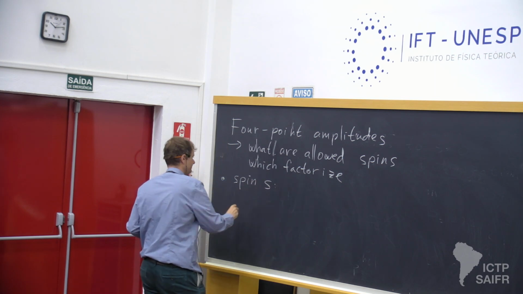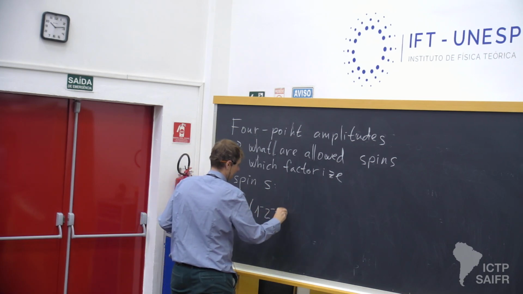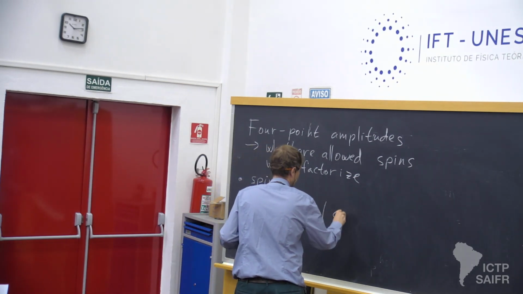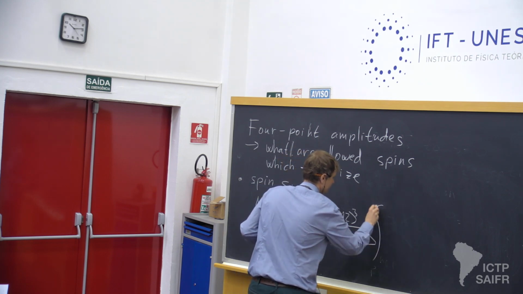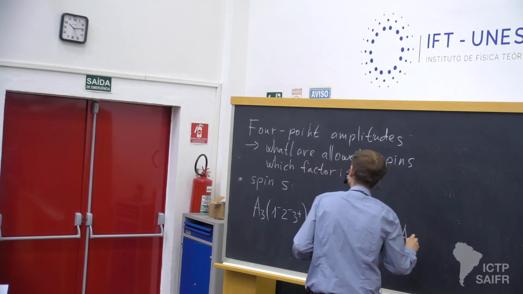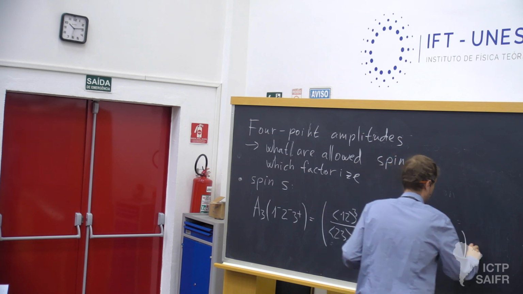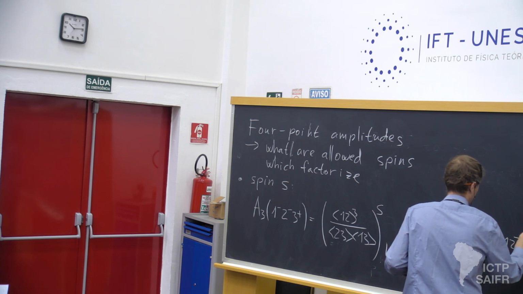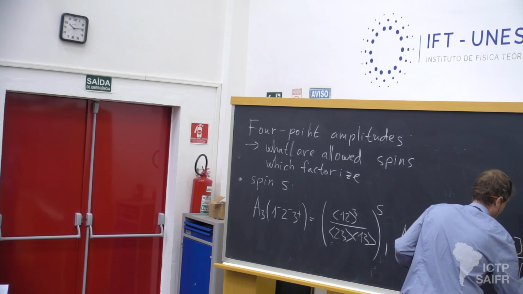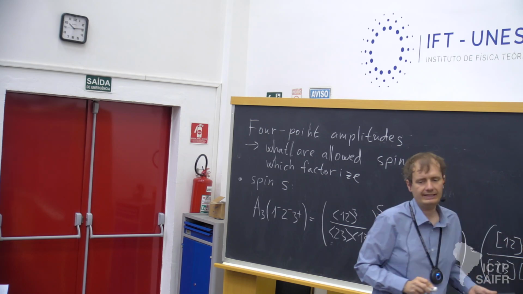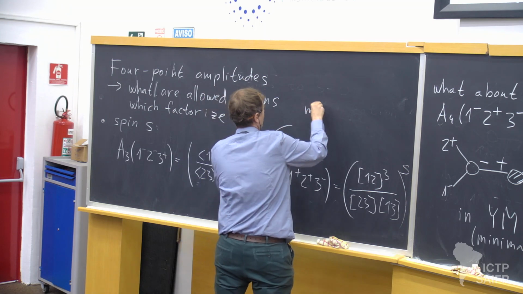We know that the 3-point amplitude for spin S, if we have 1 minus, 2 minus, 3 plus, is just, to repeat, ⟨12⟩ cubed over ⟨23⟩⟨13⟩ to the S. And the other one, 1 plus, 2 plus, 3 minus, was [12] cubed over [23][13] raised to the power of S. So now the only thing that I assume is that these are the only amplitudes, so we are in this minimal coupling.